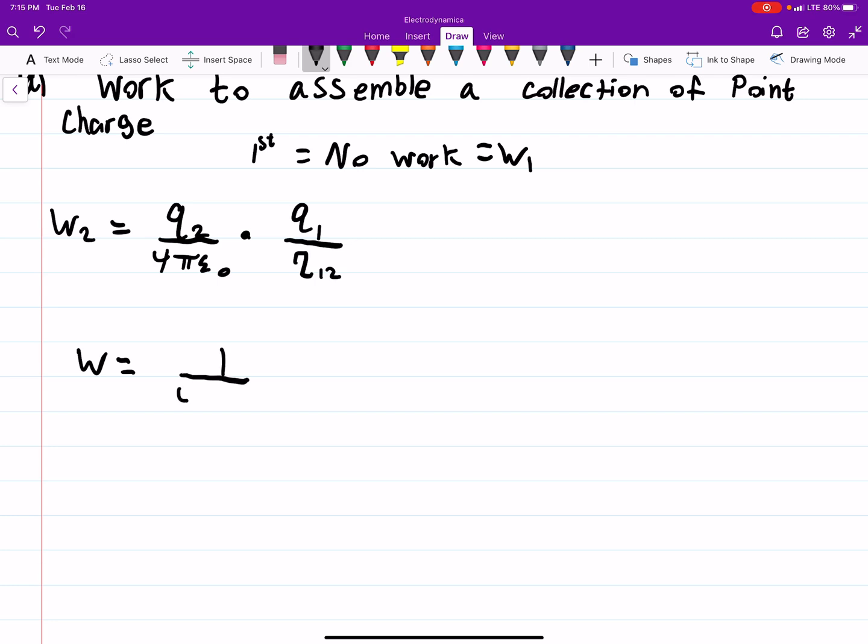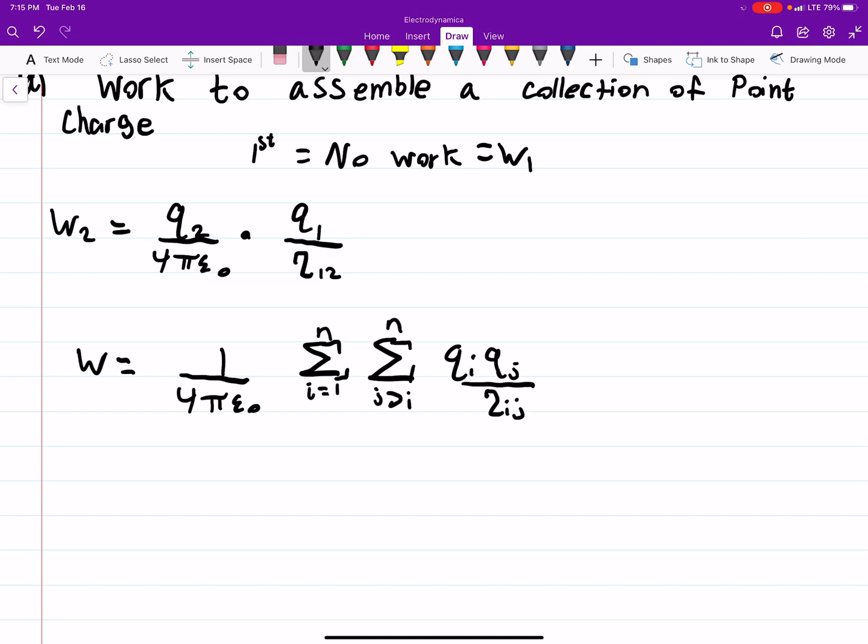1 over 4 pi epsilon naught, that's a constant. And then what do we have? We have a double sum here. And this will go from i equals 1 to n charges, to j greater than i, n charges, q sub i, q sub j, over our separation vector r_ij.